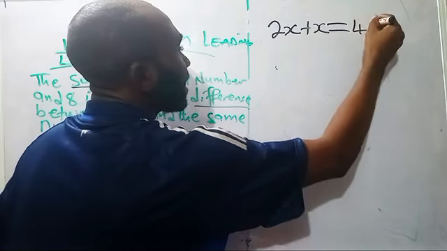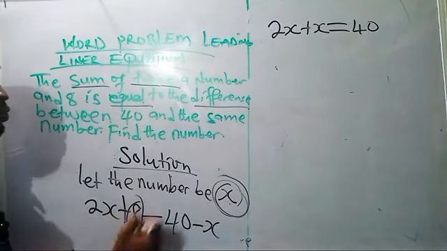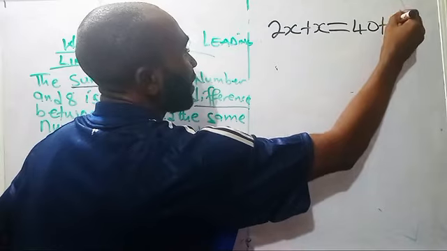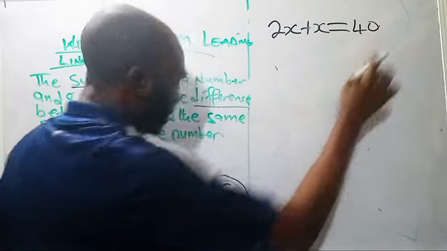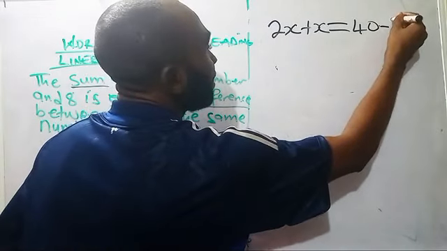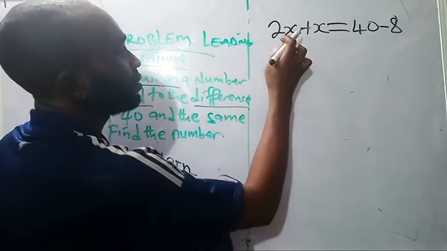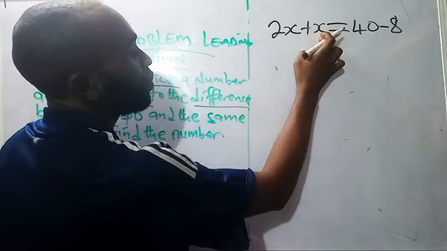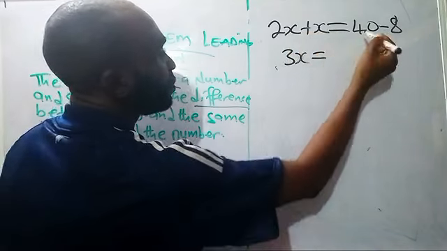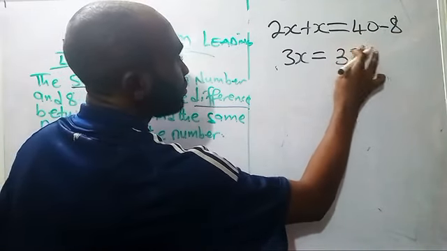I have 40 before, but I'm going to move this Yoruba man to meet his people on the right hand side. It had a plus sign, which now reverses to minus 8. So 2x plus 1x gives me 3x. This is equal to 40 minus 8, which gives me 32.